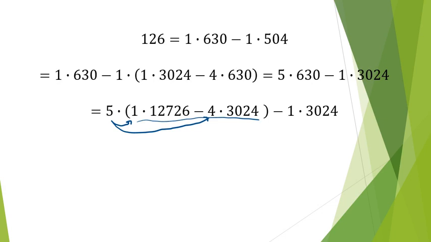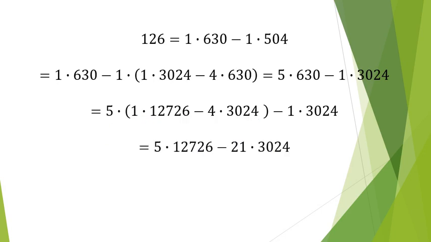I have then 5 12,726s, and then I have minus 20 3,024s, and then I have minus another 1 3,024.